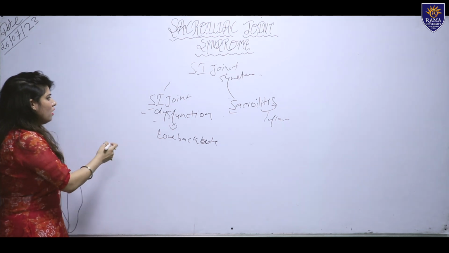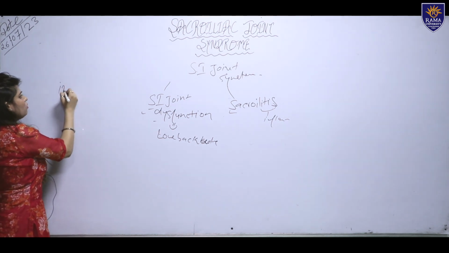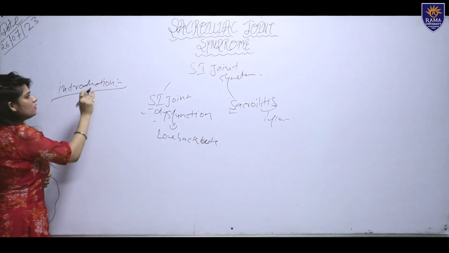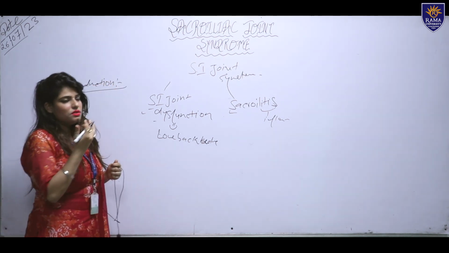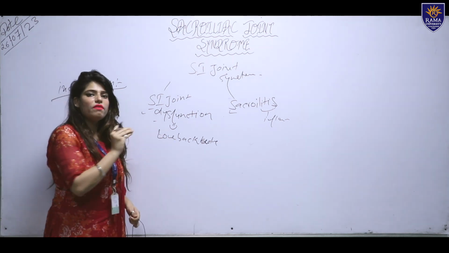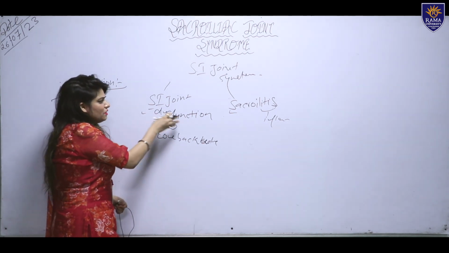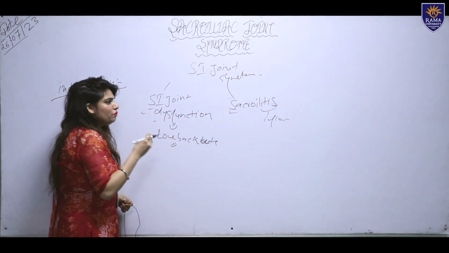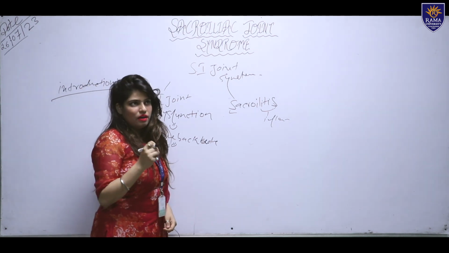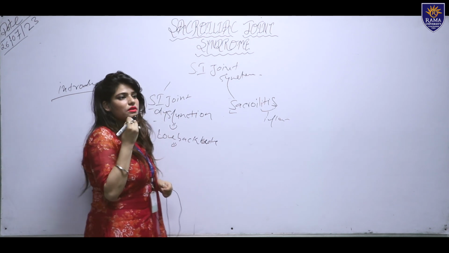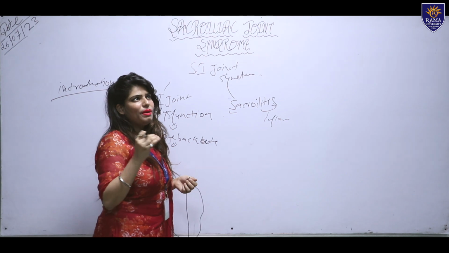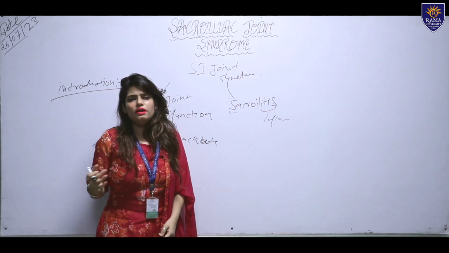Now I am going to the introduction. Sacroiliac joint syndrome has two conditions: dysfunctioning and the inflammatory condition. Dysfunctioning occurs in many recreational athletes, joggers, sprinters, and those doing jumping activity, like basketball players and footballers.